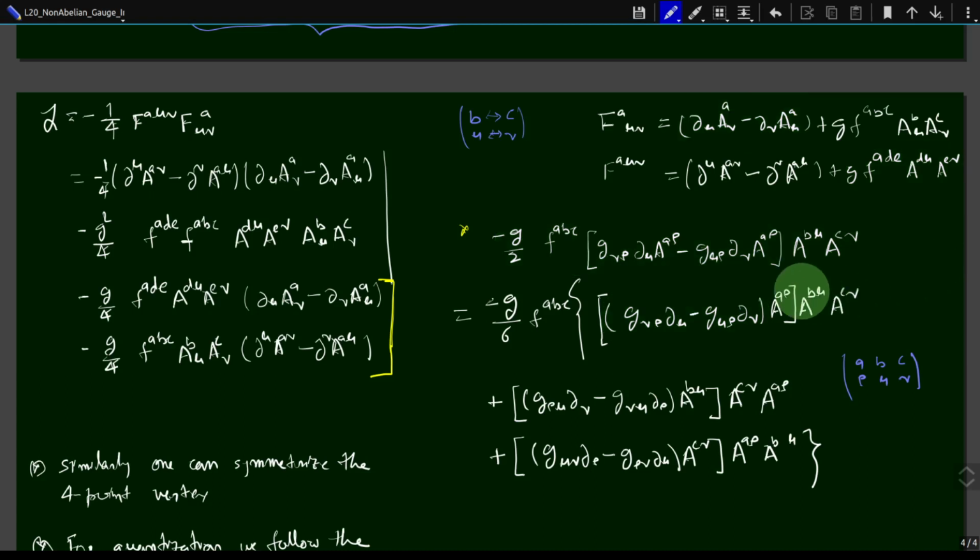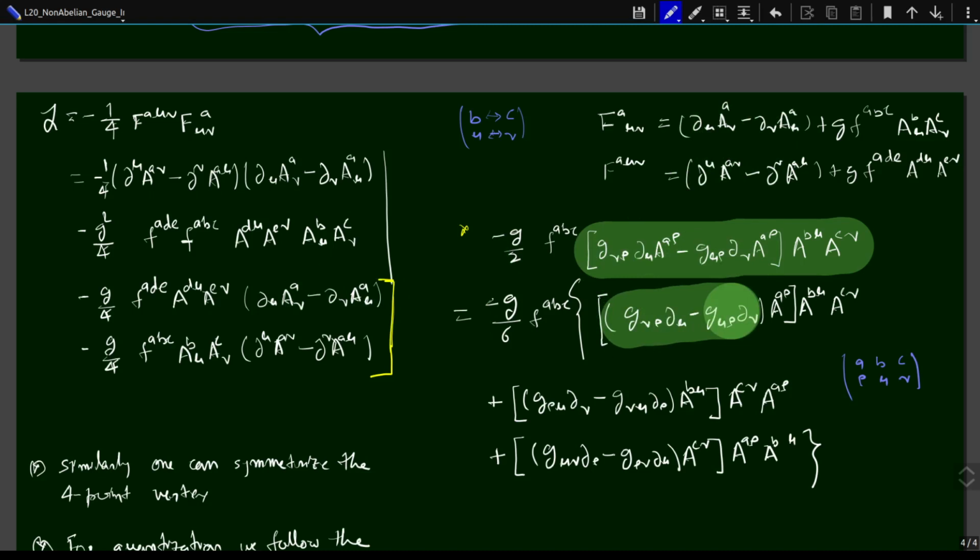But if you look carefully, and you swap b mu with c nu, this goes to this, no change. But when nu and mu are exchanged, this particular term becomes negative of itself, which is the original property of this guy. It's just written differently over here.